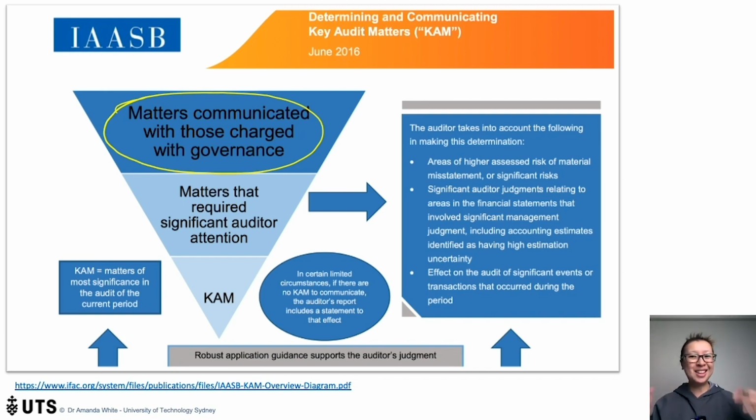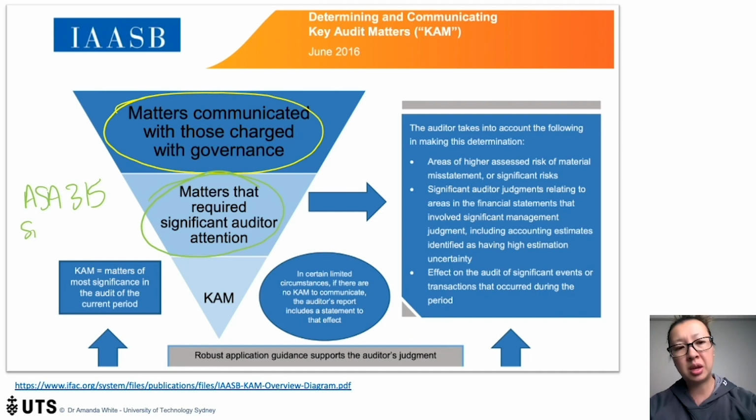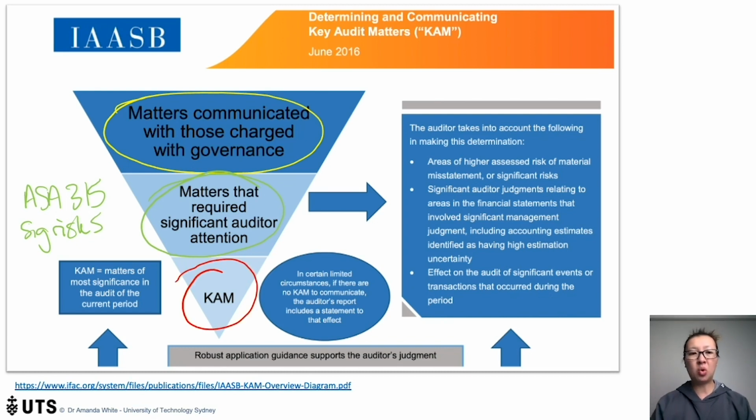So these are areas that we think are going to have higher risk. Then it comes down to matters that require significant auditor attention. So imagine from ASA 315 that these are going to be the significant risks. And then distilled down further from the significant risks are going to be our key audit matters.